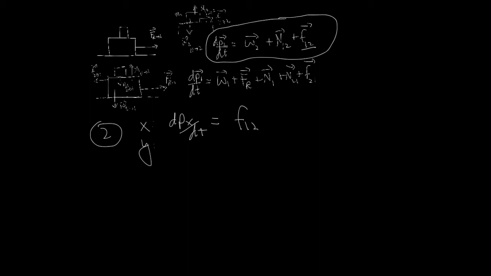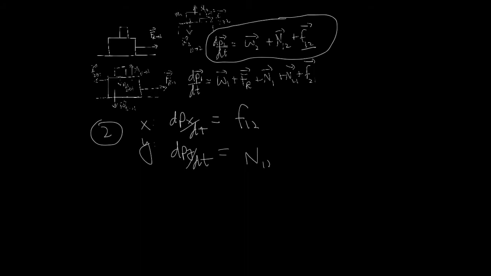That's it. Whereas in the y direction, we'll have dpy dt. We'll have the normal force of block 1 pushing up on block 2 minus the weight. And of course, there's nothing happening in the y direction for the y momentum.